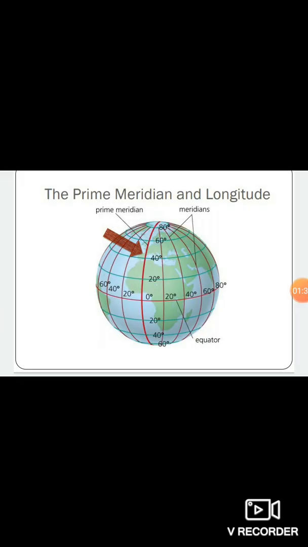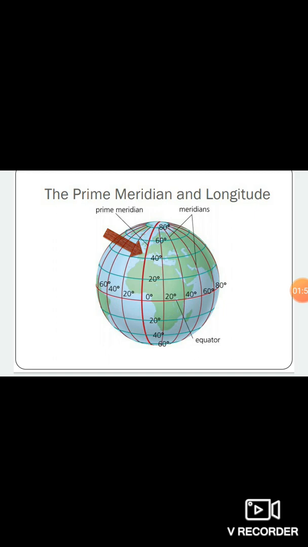The prime meridian divides the earth into two equal halves, the eastern hemisphere and the western hemisphere. Therefore, the longitude of a place is followed by the letter E for the east and W for the west.